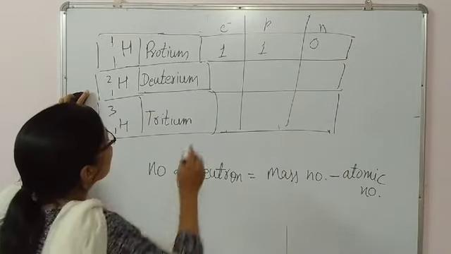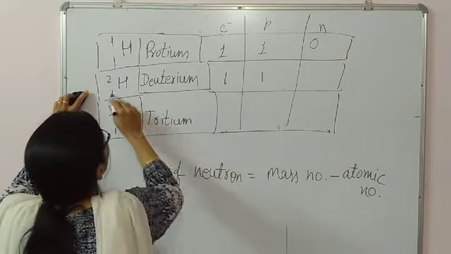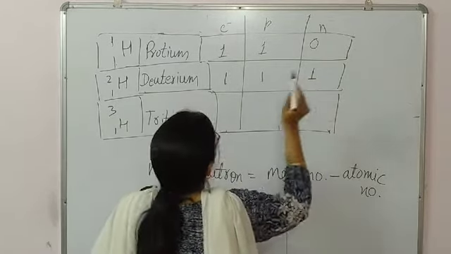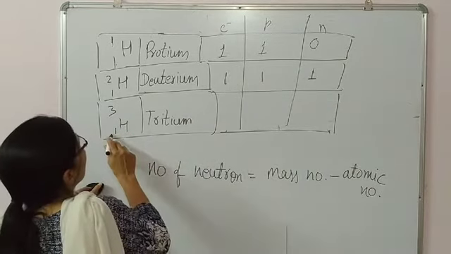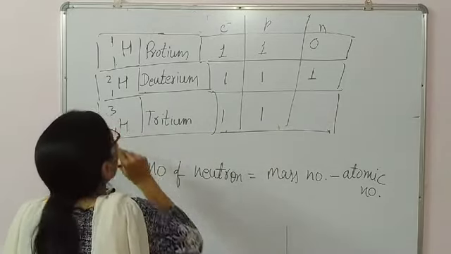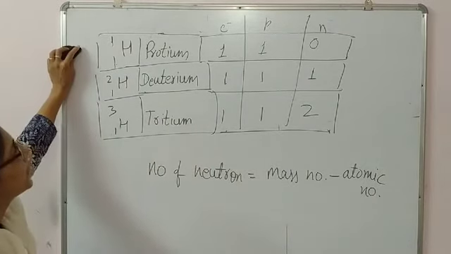For deuterium, electron, here 1, so you will write 1. Proton is also 1, but neutron is 1. For tritium, number 1, that is electron, that is for proton, and here 2 digit will come, so 2 neutrons are here.